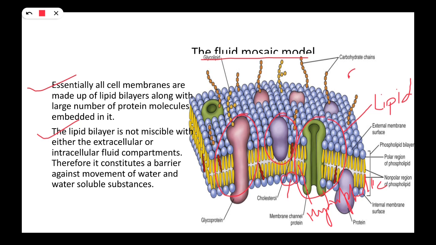So if this is the extracellular compartment and this is the intracellular compartment, the internal part of the cell, there is water outside and there would be water inside. But because these are oily substances, and we know that oils make a layer between water or above water, this lipid makes a layer between the extracellular and intracellular environment and thus maintains the two compartments individually.